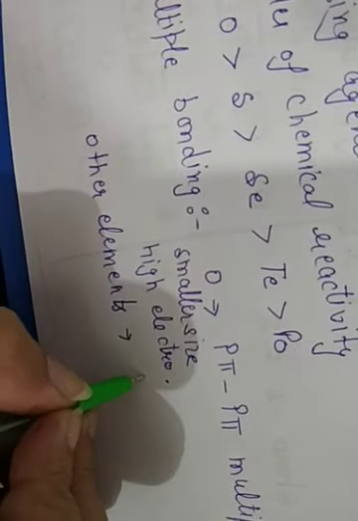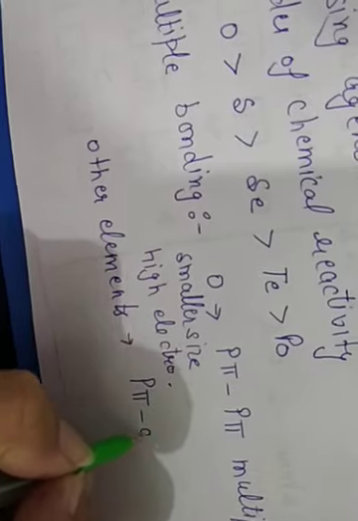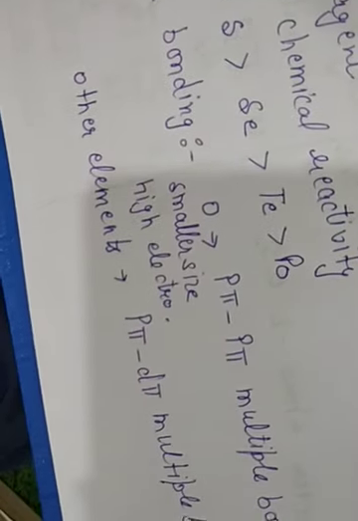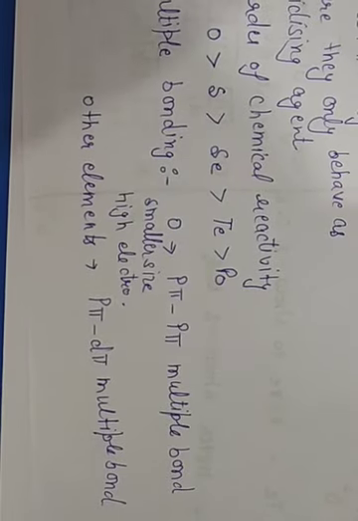Other elements have the tendency to form p-pi d-pi multiple bonds. As they have d orbitals, they form p-pi d-pi multiple bonds, which is not possible in the case of oxygen, isn't it?